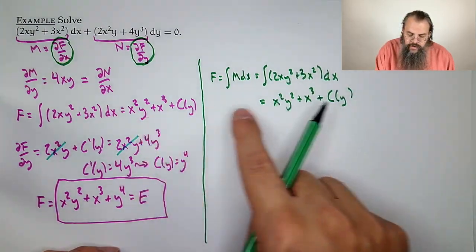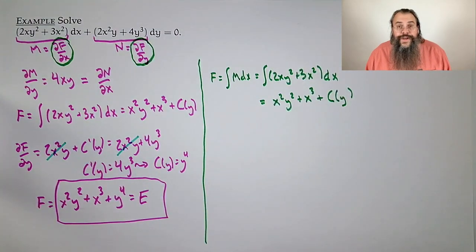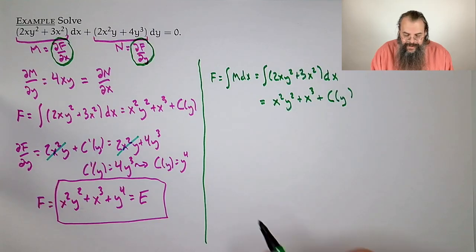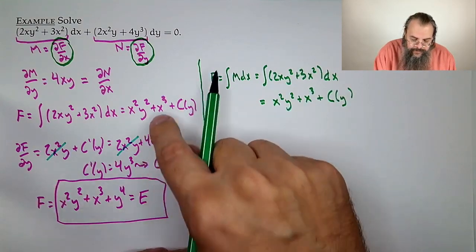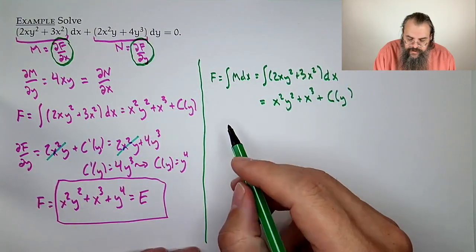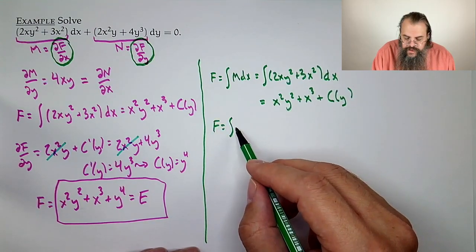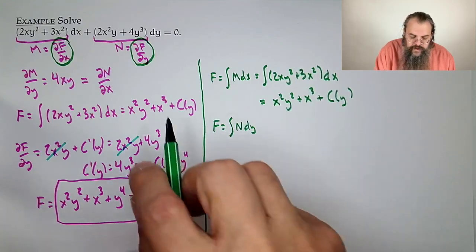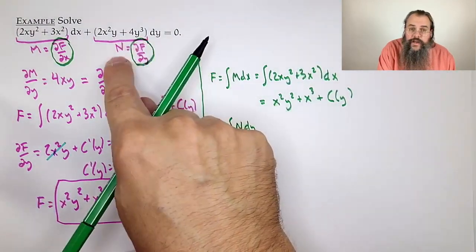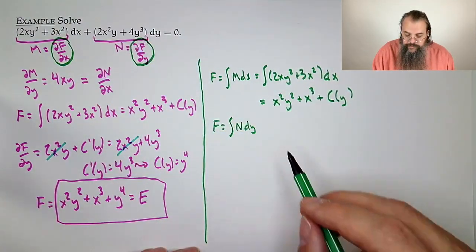So far you're like, wow, Steve, you're just doing the same stuff. How is this different? Here's the difference. Now, instead of going through and taking the derivative of this, we're going to say, let's integrate the function n dy, which really says whatever is in front of the dy, that's what n is, that's what you integrate.